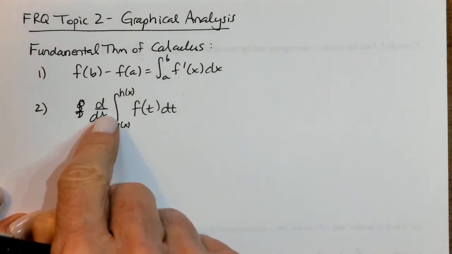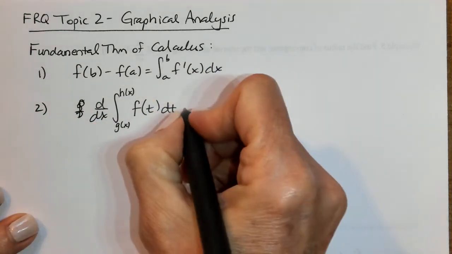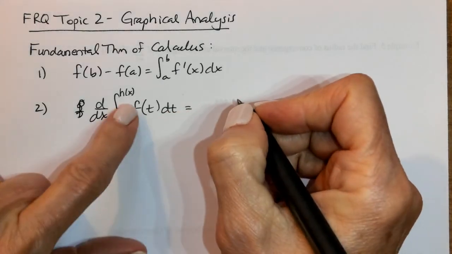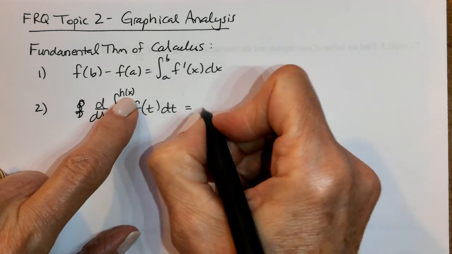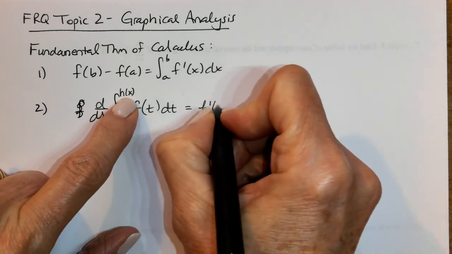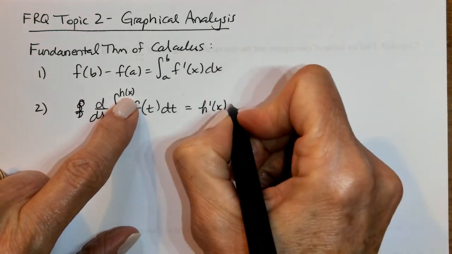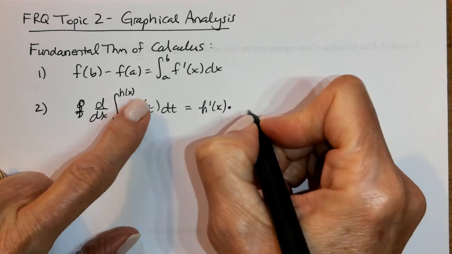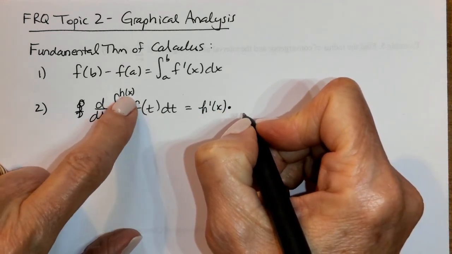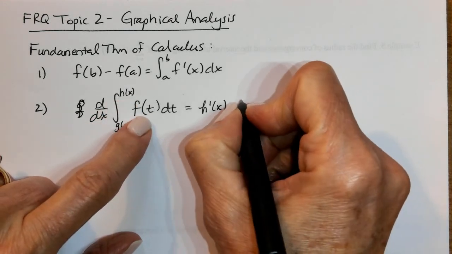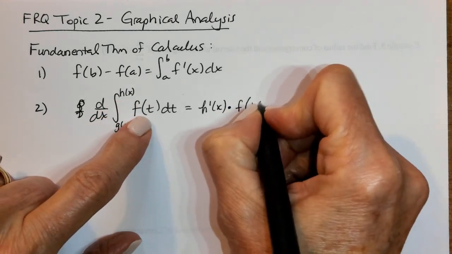This is going to equal, I begin at the top boundary, and I take its derivative. This is the step that people tend to forget. Take its derivative. And then you replace every t in this function with that h of x. So f of h of x.